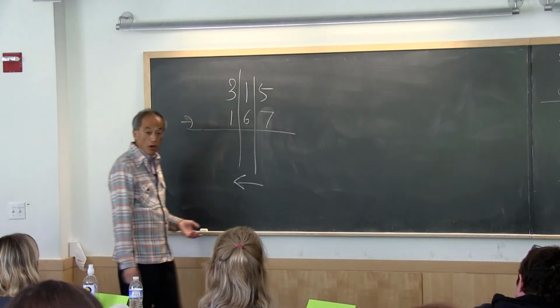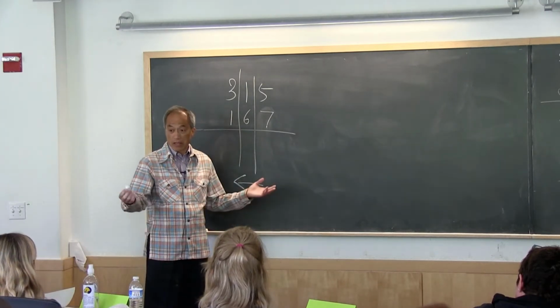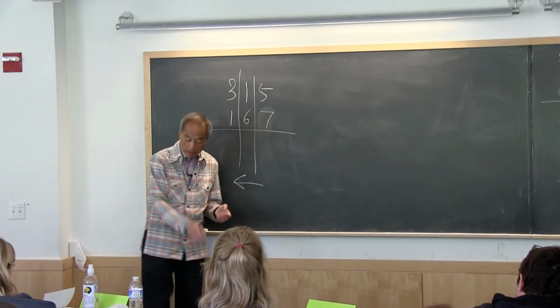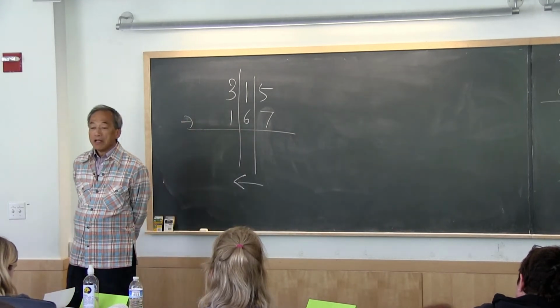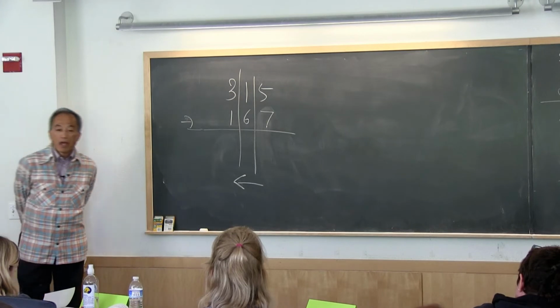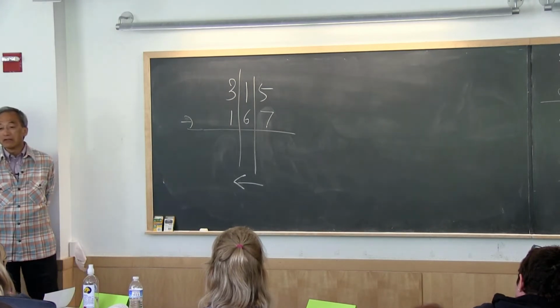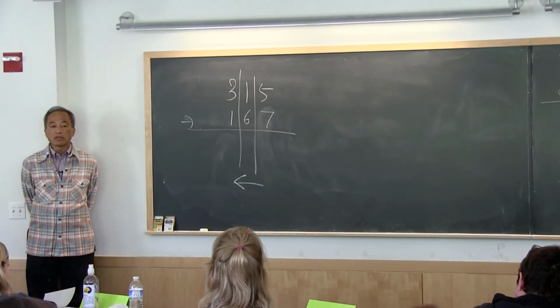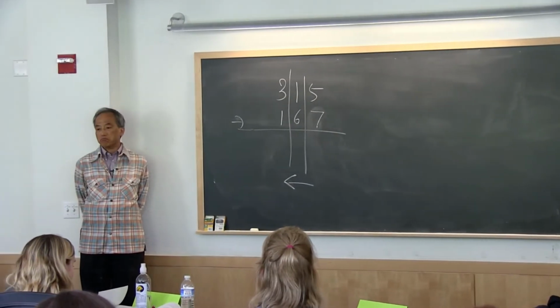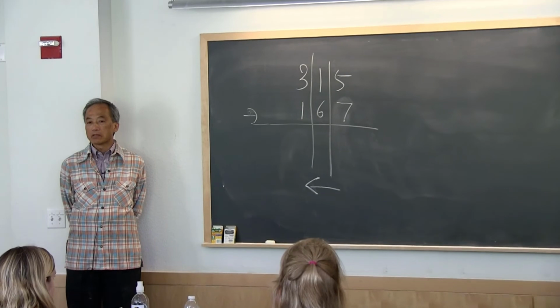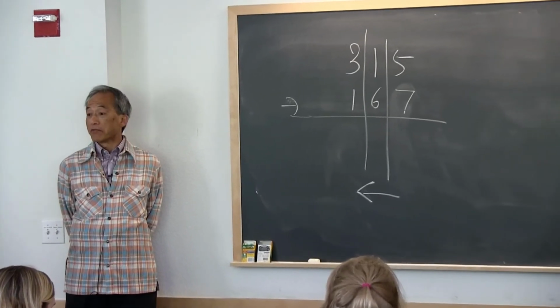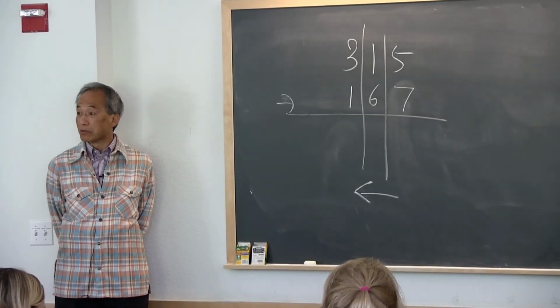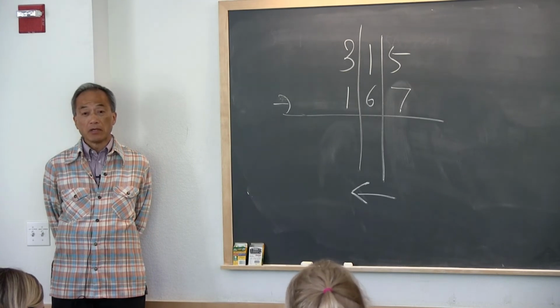Now, I don't know if you know. Tell me, do you hear that this is one of the battle cries? That this is an unnatural act inflicted on children so that they lose their sense of what a number is, because everything is from left to right, and all of a sudden they're asked to do things from right to left.